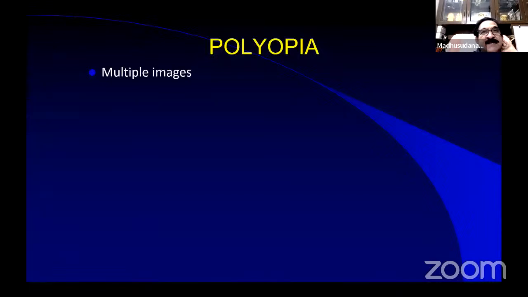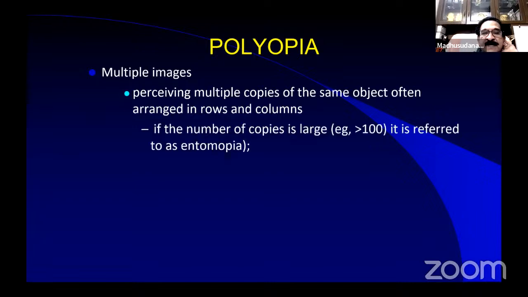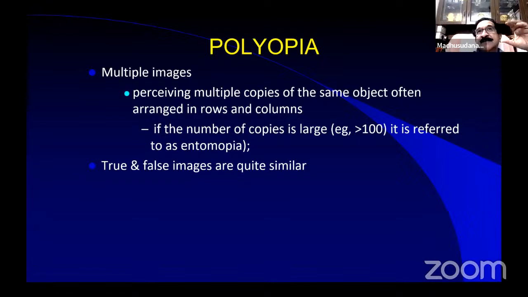Now, polyopia is multiple images, receiving multiple copies of the same object, often arranged in rows and columns. When the number of copies is large, more than 100, it is referred to as entomopia, because it resembles the eyes seen in insects. Unlike diplopia, here the true and false images are all equal and clear; there is no blurred image.